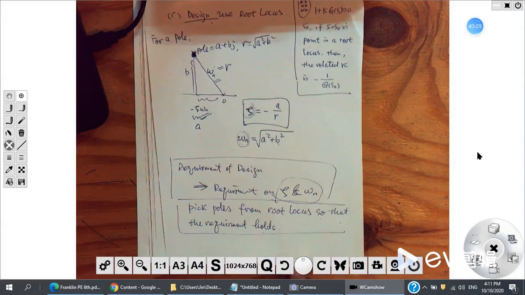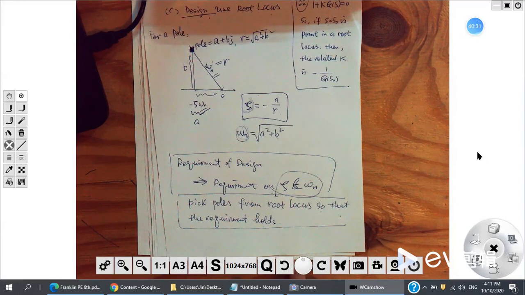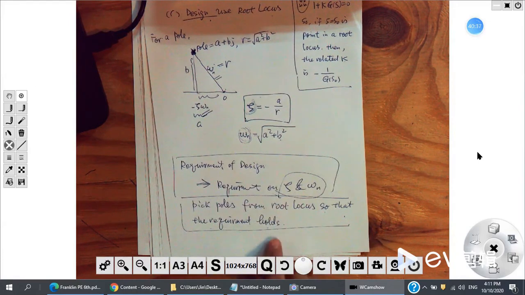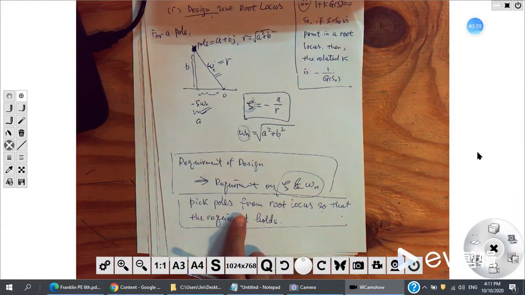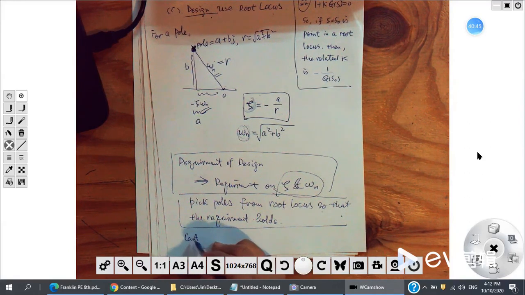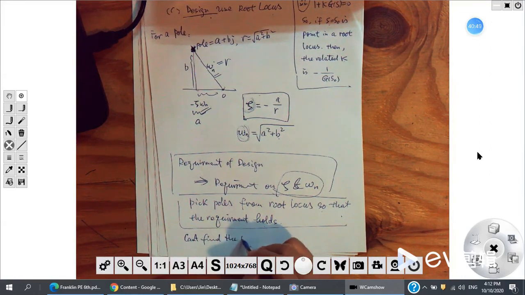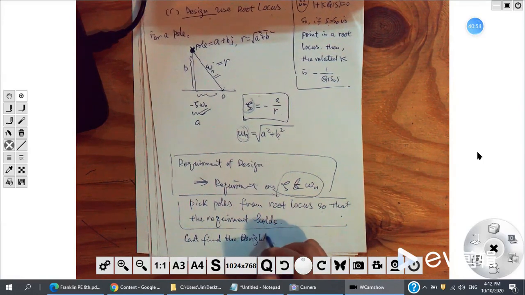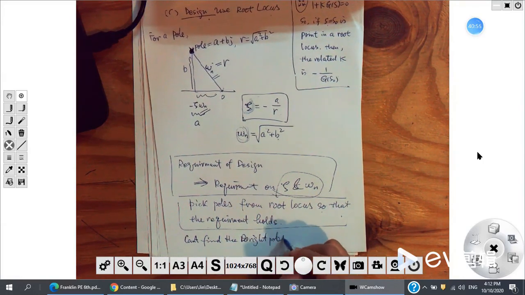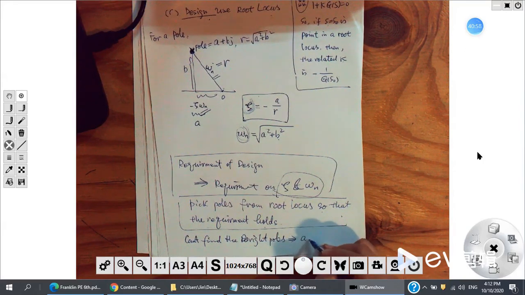And if you can't find the right pole to satisfy the requirement, then you need to change the root locus.